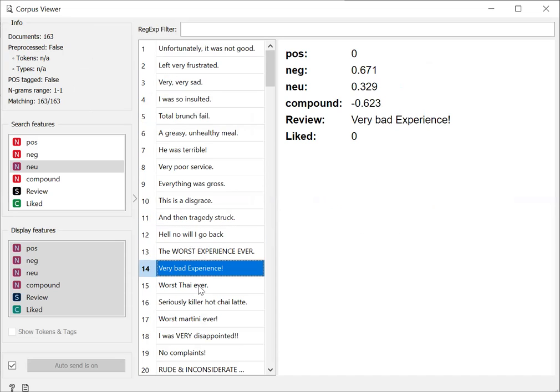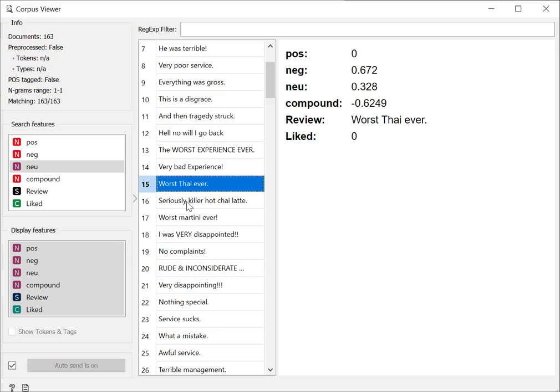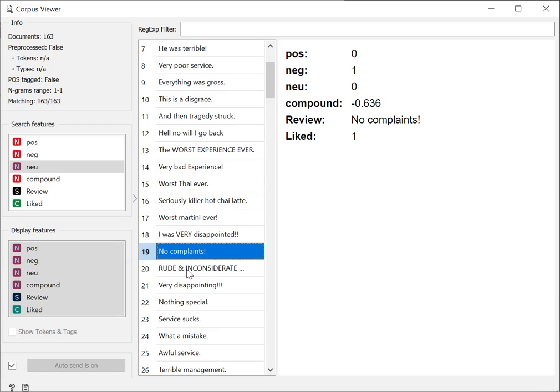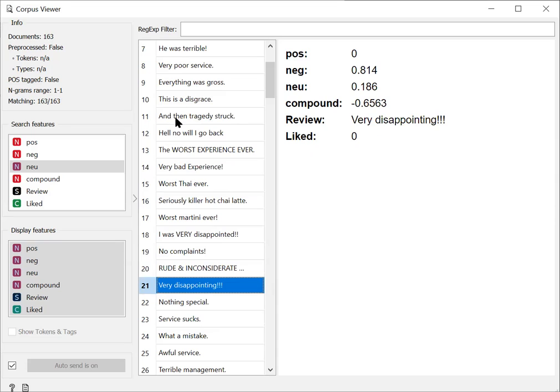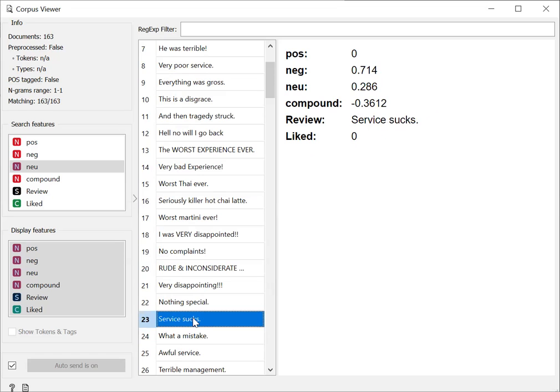I think Orange did a very good job in here because all of these comments are negative. We can see that most of them have a negative adjective like disappointing, poor, terrible, worst, bad, sucks.